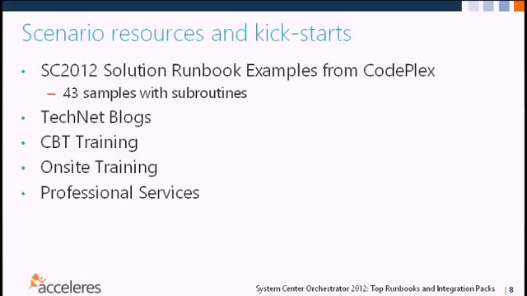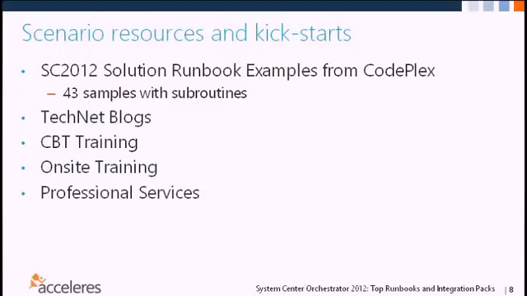One of the best is the System Center 2012 Solution Runbook example kit that you can get from Codeplex. It's got a bunch of samples with subroutines that will enable you to do at least some of the subroutines that you're commonly going to do within a runbook. It'll kickstart you there.